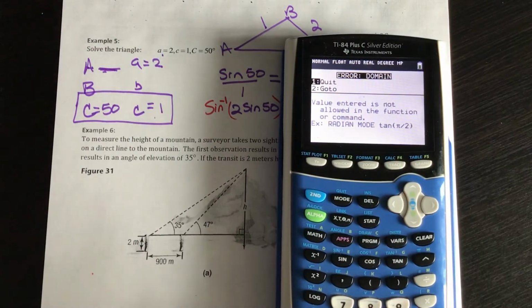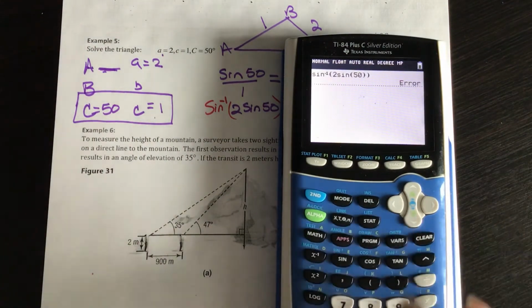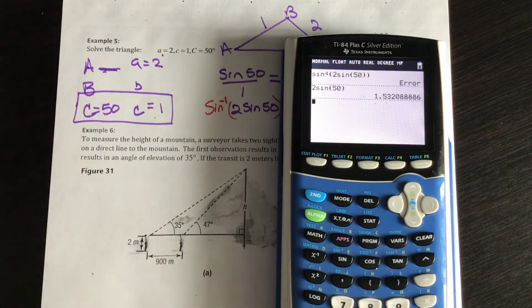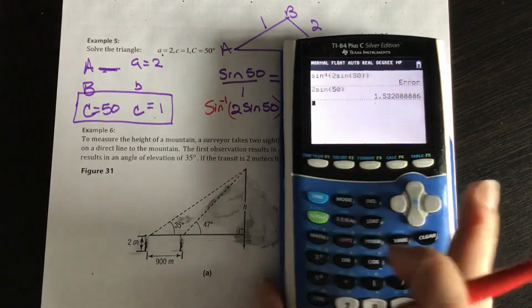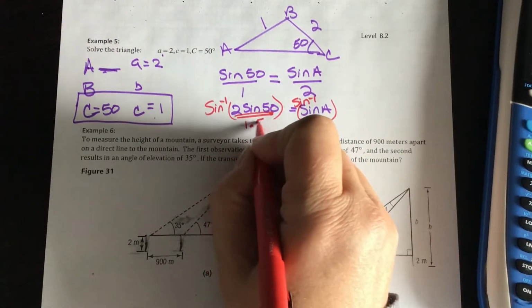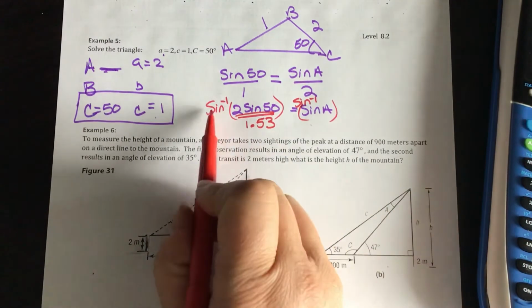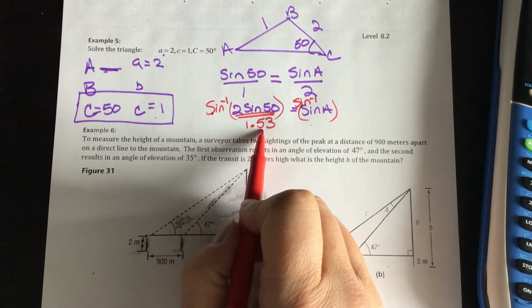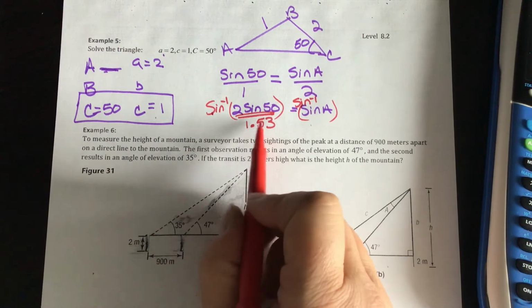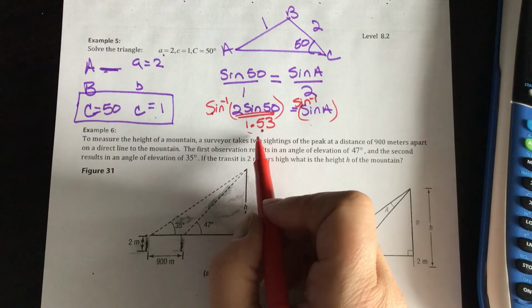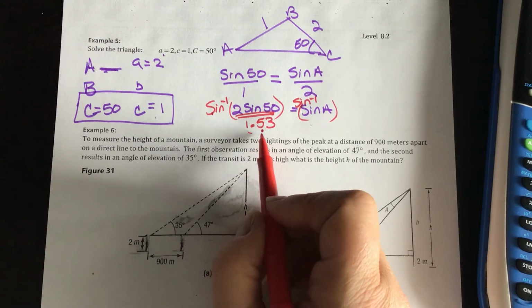So if I look at the value of 2 sine 50, it's 1.53. And I want to know what angle has a sine of 1.53. If you remember, all of our sine values have to be between -1 and +1.